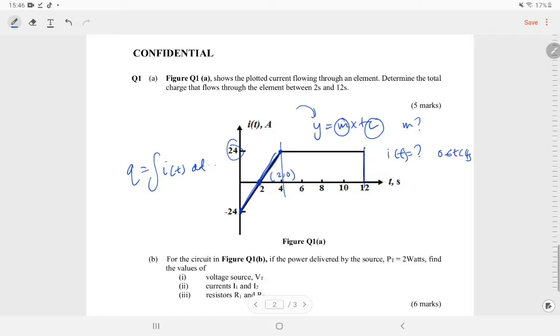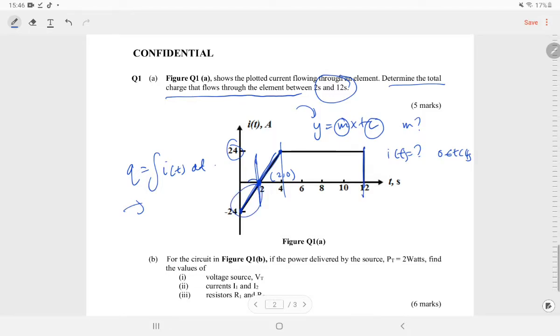So just put all the equation in this equation, then you need to settle the integration, and then you got the value of the charge. But the question is actually to determine the total charge flow through the element between 2 second and 12 second. So that means from here to here only. Okay, not include this one.